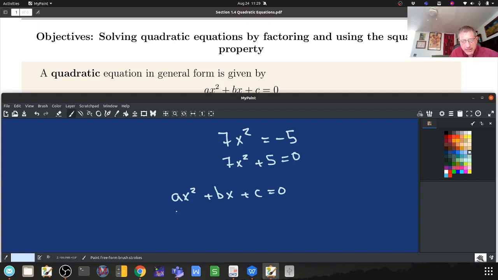So in this case I have 7x squared plus 5 is equal to 0. You might be wondering where the bx is. Well, if b is equal to 0, then I can add 0 times x. So that's just kind of a trick. All of the terms are there. It's just one of the terms we don't write because its coefficient is 0.